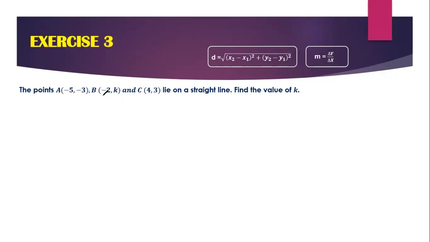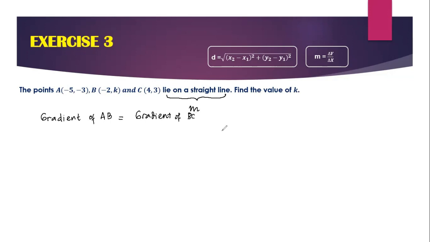So A, B, and C lie on a straight line, means they have the same gradient. Okay, what does it mean? The gradient of AB equal to the gradient of BC.